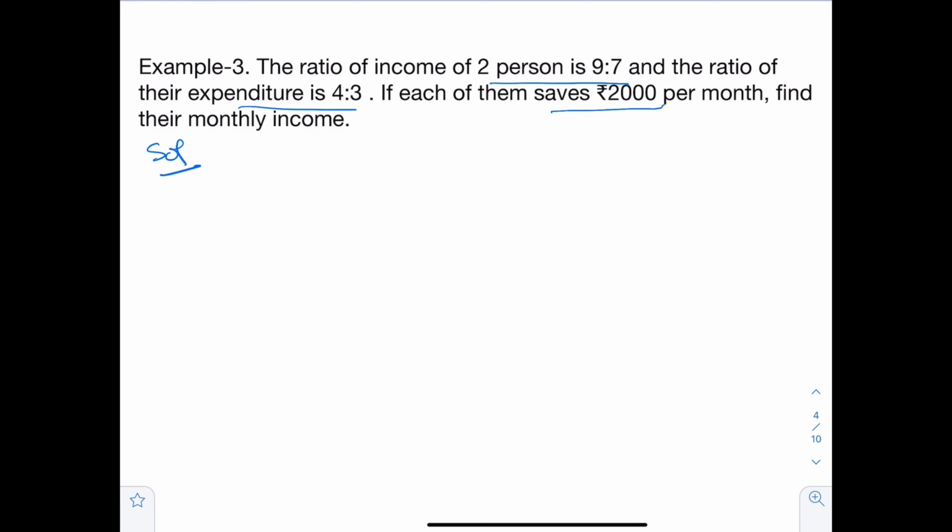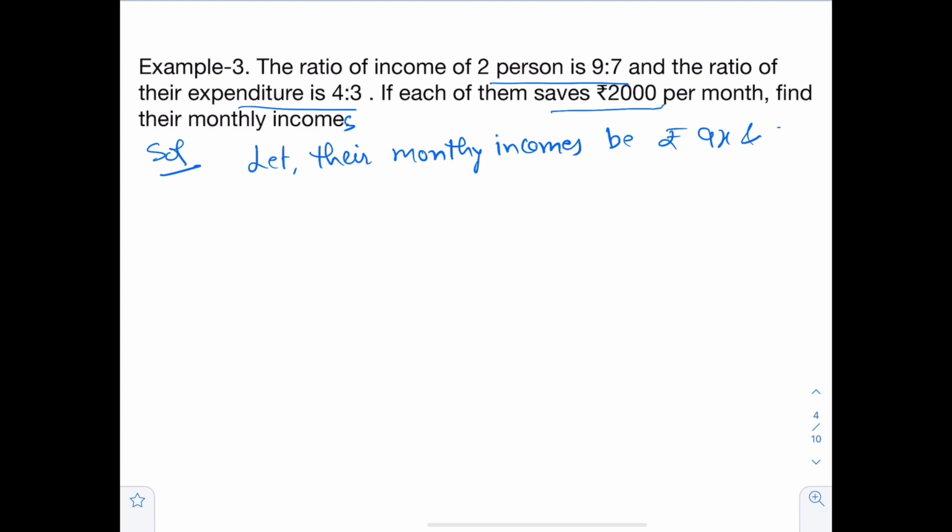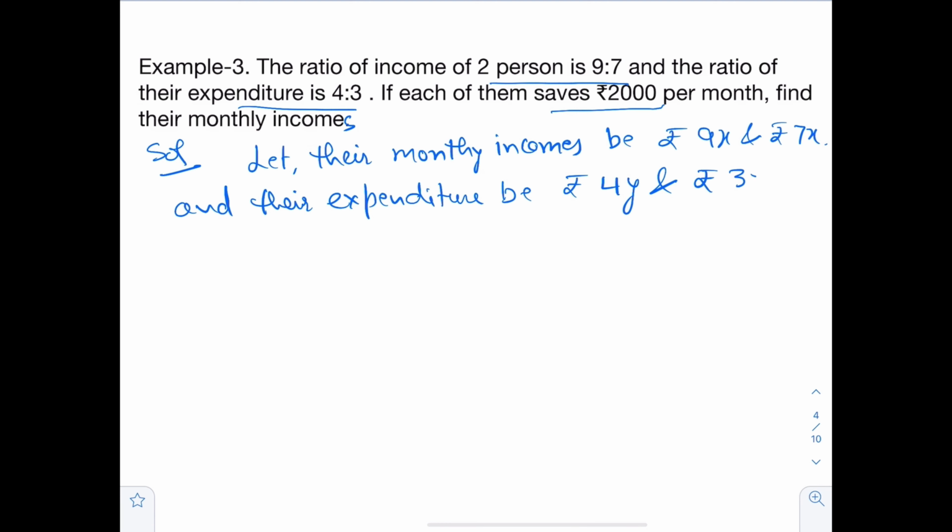So let their monthly incomes be rupees 9x and rupees 7x, and their expenditure be rupees 4y and rupees 3y respectively.